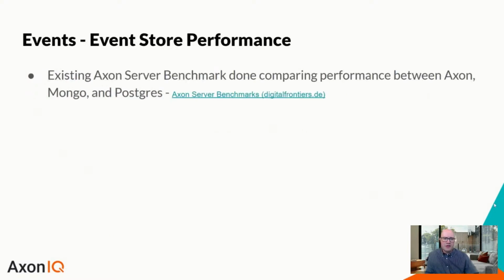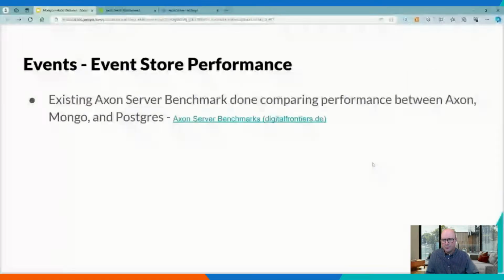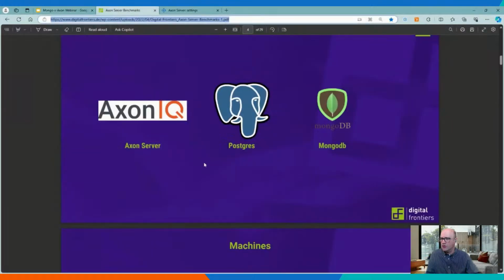So the other piece here is event store performance. Digital Frontiers did a great job of putting together some benchmarks on this between Axon, Mongo, and Postgres. So we'll just take a look at that document here and review what they found.